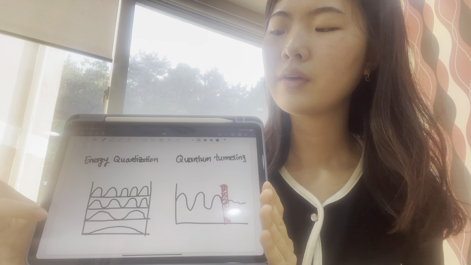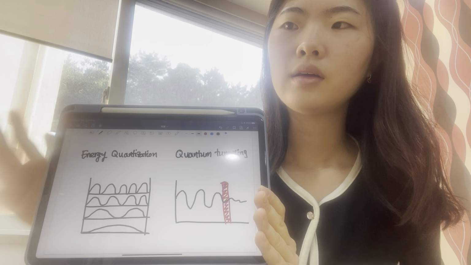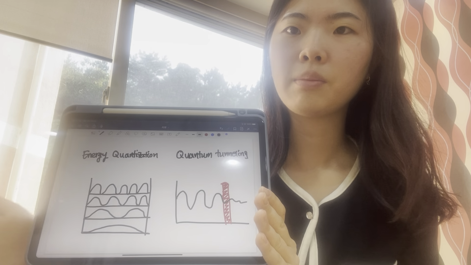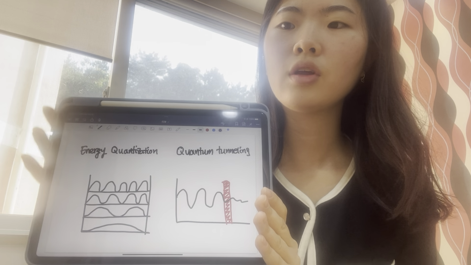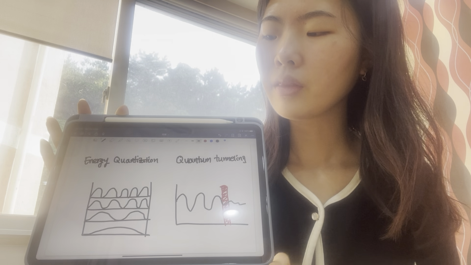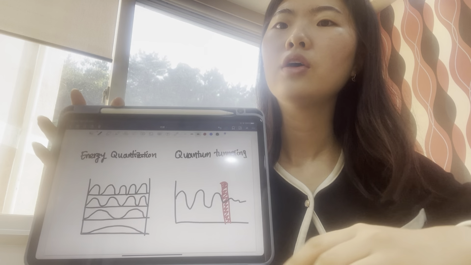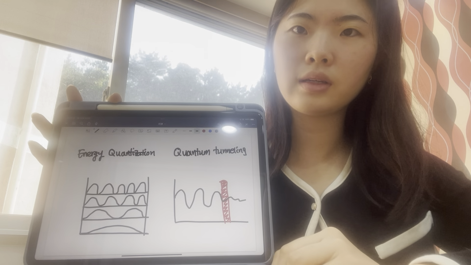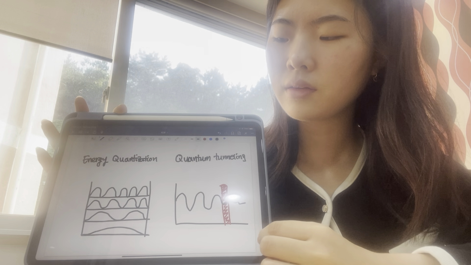Every energy state is divided like this, and energy quantization always happens. So every carrier, every electron has those characteristics.